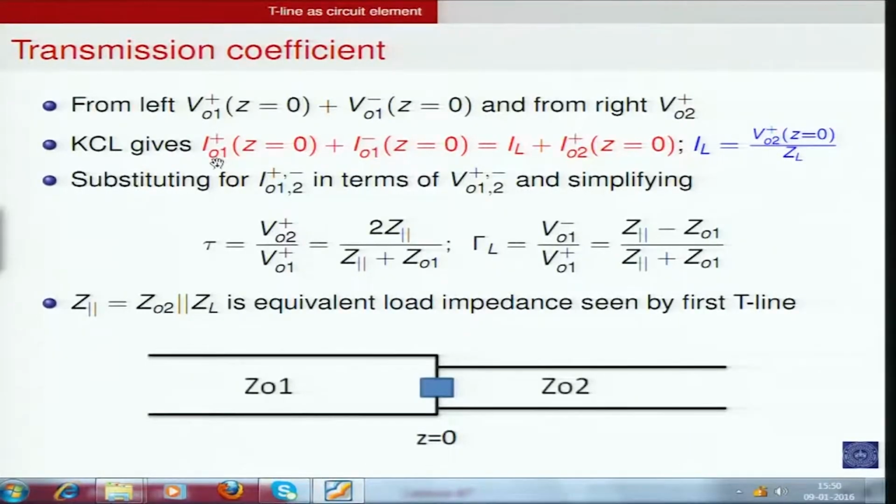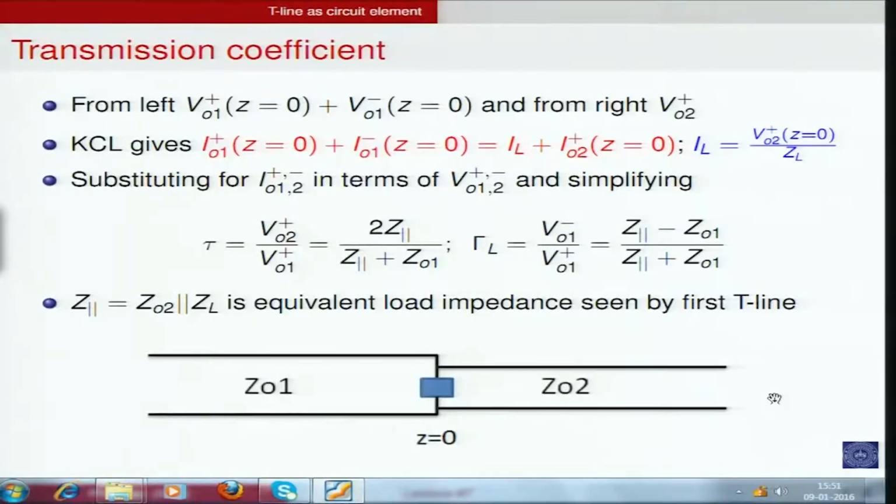If you are convinced, substitute I01 plus, I01 minus and I02 plus in terms of all these V01 plus, V01 minus and V02 plus, and you can see that the ratio of transmitted voltage onto the second transmission line to the incident voltage from the first transmission line, which we will call the transmission coefficient, is very similar to a plane wave coming in at an interface and some transmitted electric field.